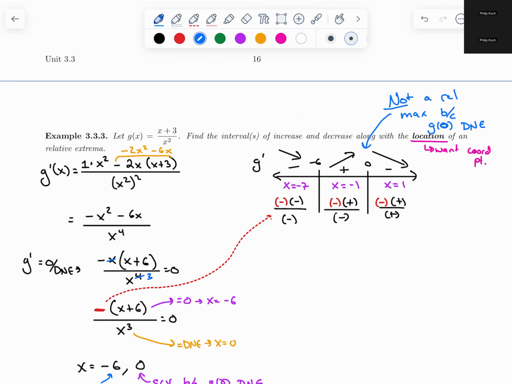It's actually where this function has a vertical asymptote at x equals 0, and a horizontal asymptote at y equals 0, but that's neither here nor there.